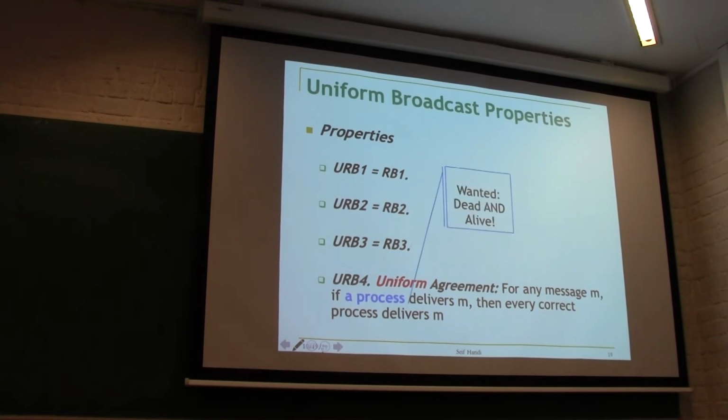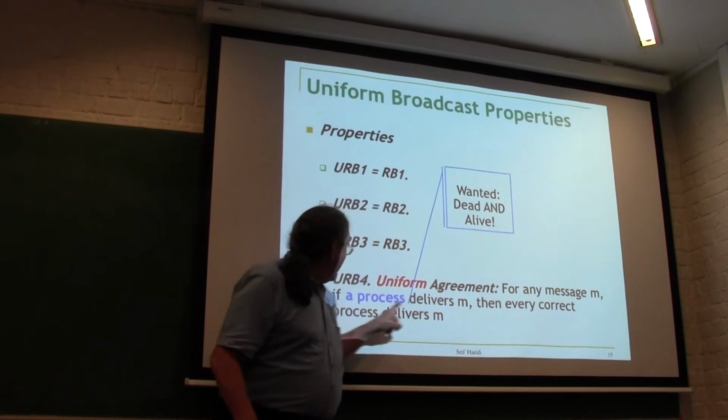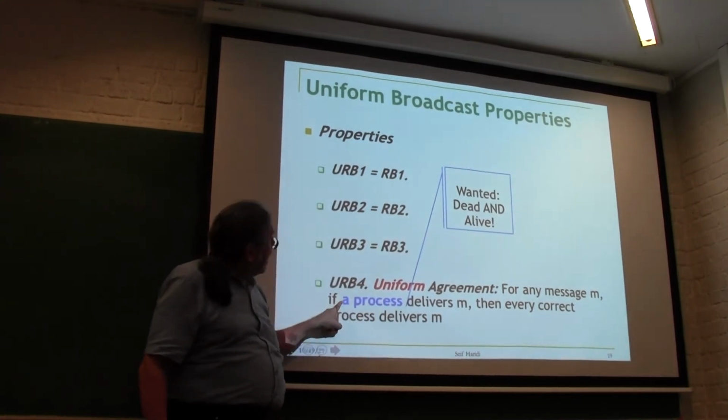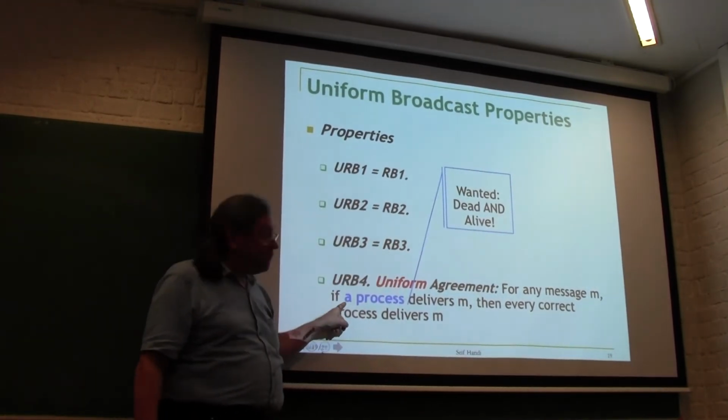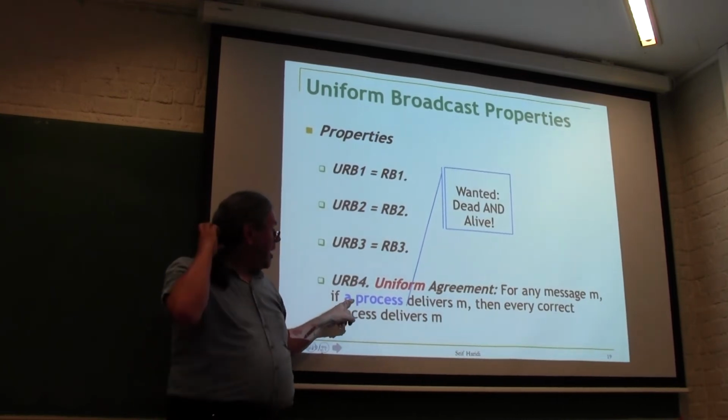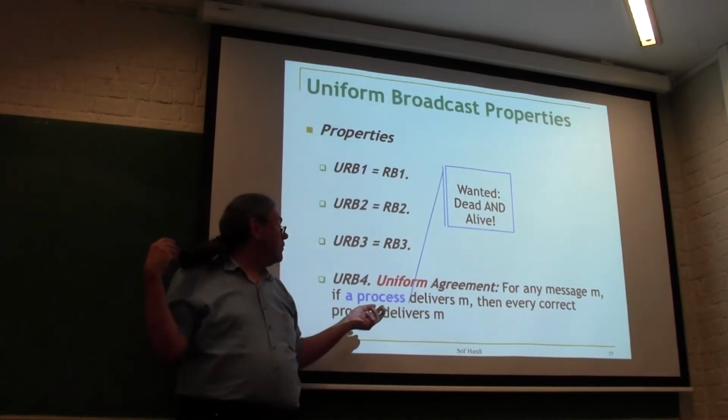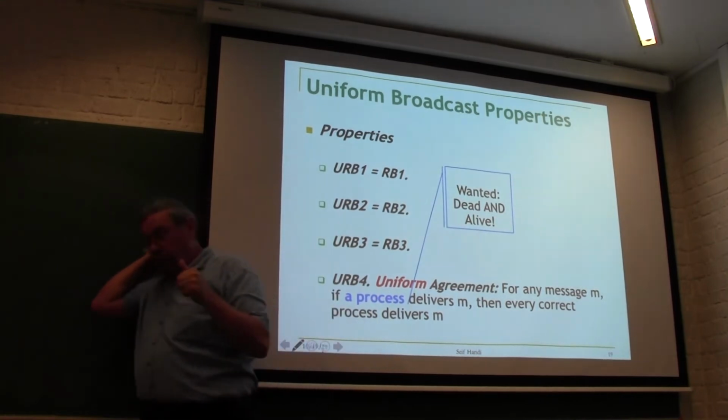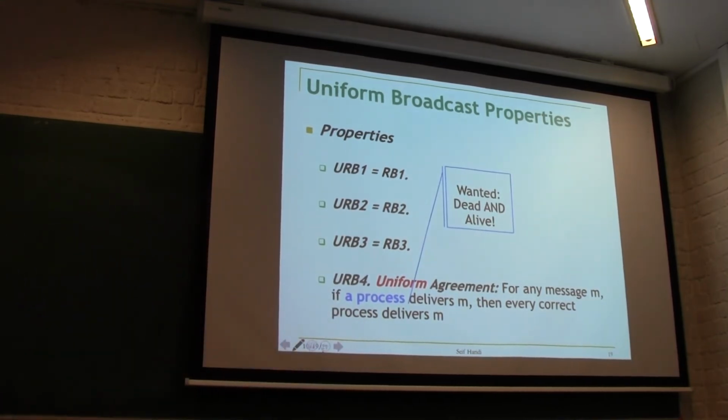Okay? So here we're worried about alive nodes, but also the failed nodes. If any failed node delivers, then all the correct ones must deliver in this algorithm. They will deliver if it's a correct implementation. Okay?